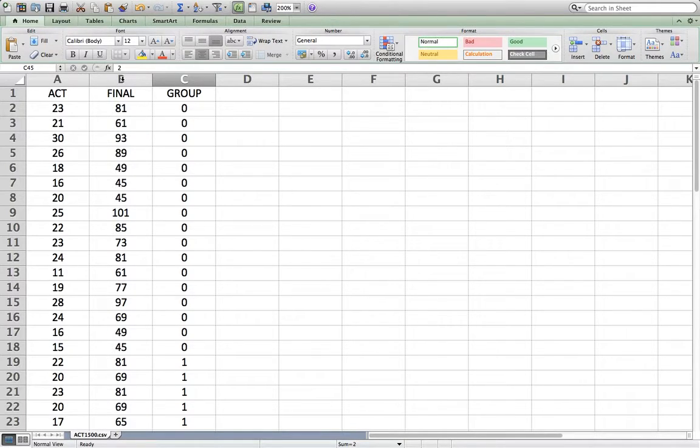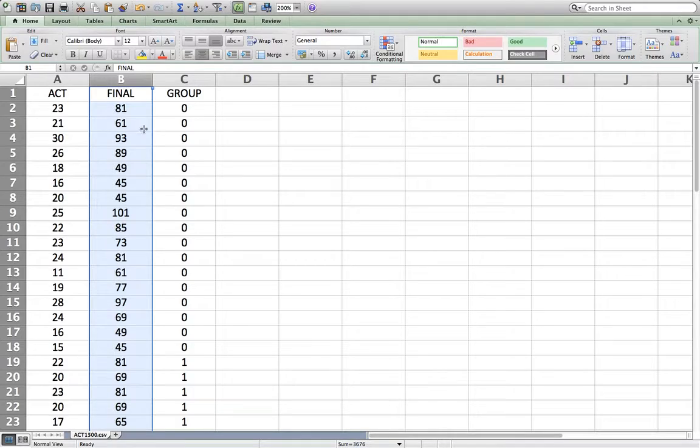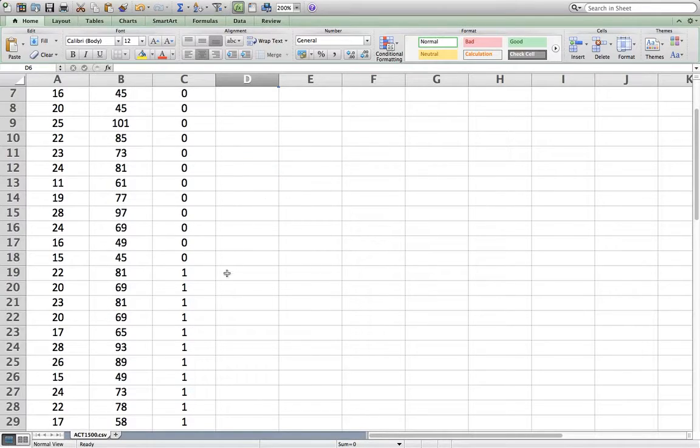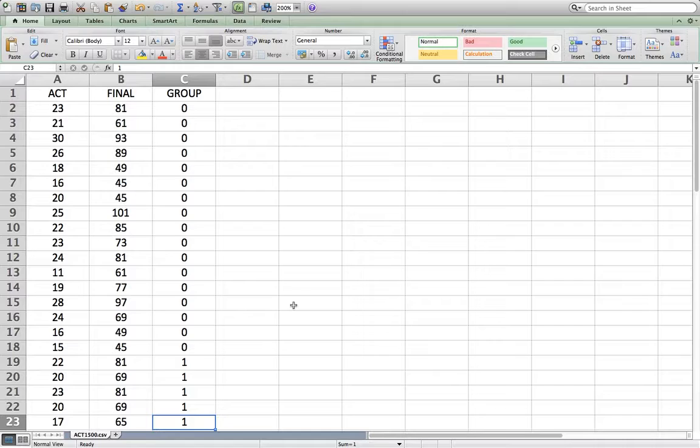So what they've done, hypothetically, is we've collected final exam score. And because we want to control for the possibility that maybe people with higher ACTs just happen to sign up for these sections, or maybe people with lower ACTs happen to sign up for these sections. Because you get into that sometimes.